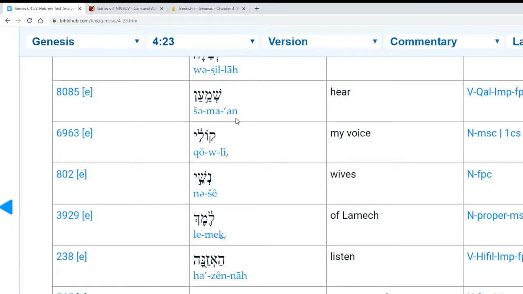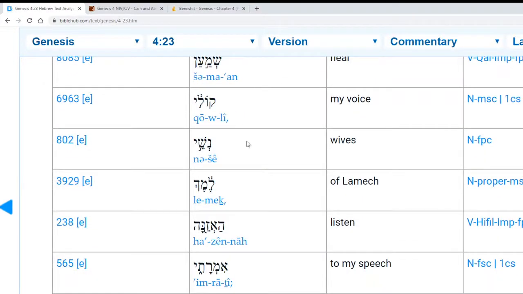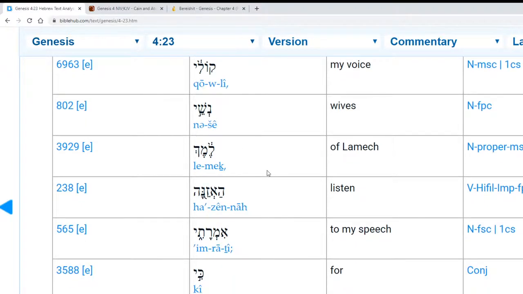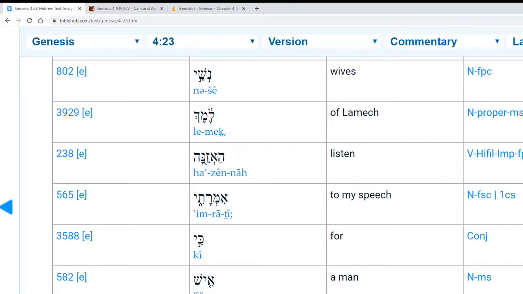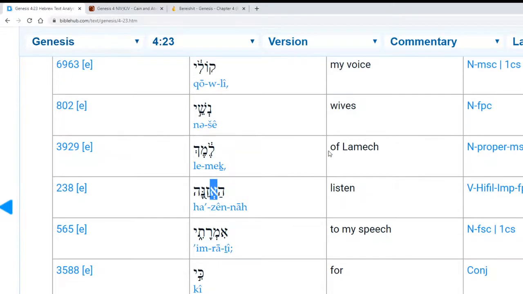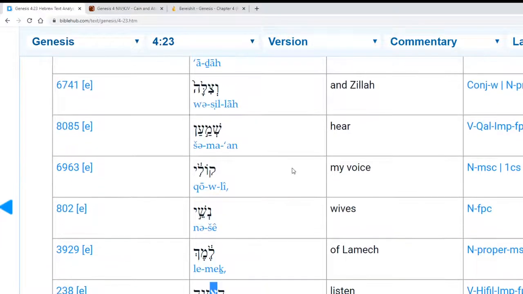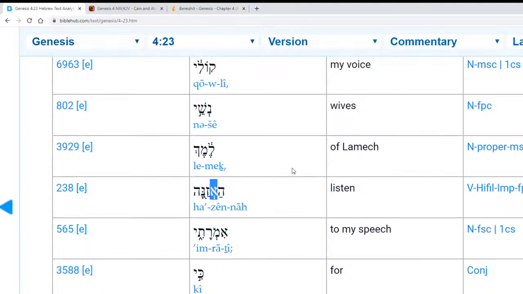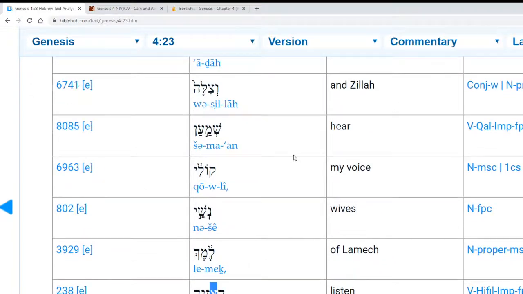So he's actually talking in the third person to his wives. Listen, the wives of Lemech, ha'azena imrati. So ozen, right? Aleph zayin nun. It's ears or listen. Again, a different form. So of to listen. This is Aleph Zayin Nun, which is slightly different from Shema, right?